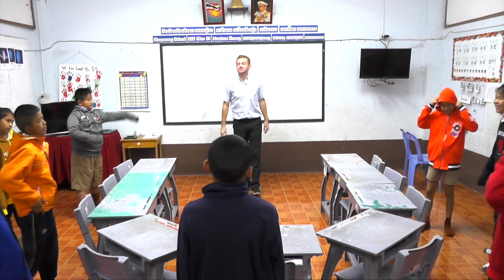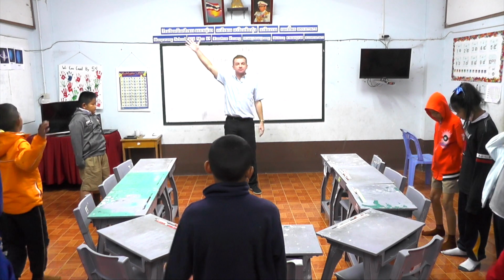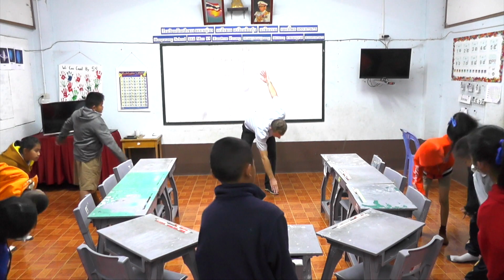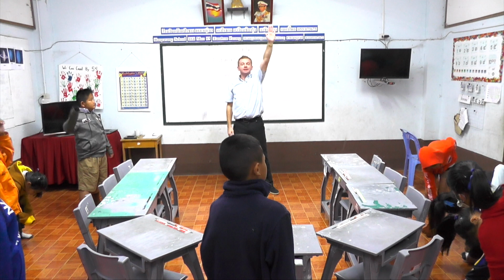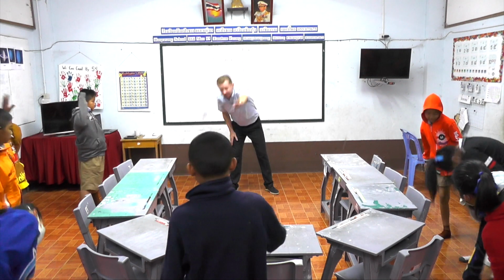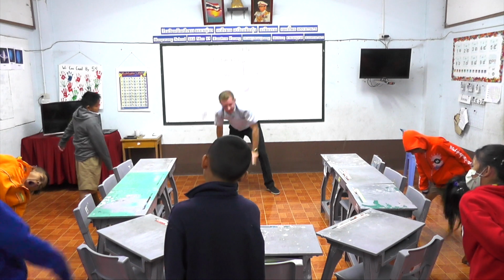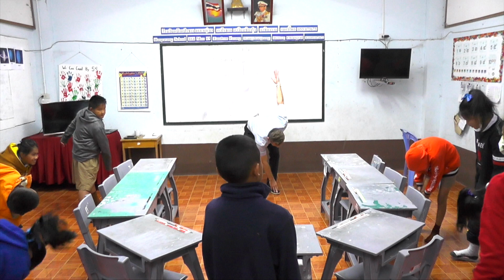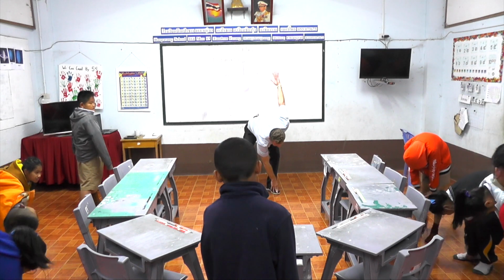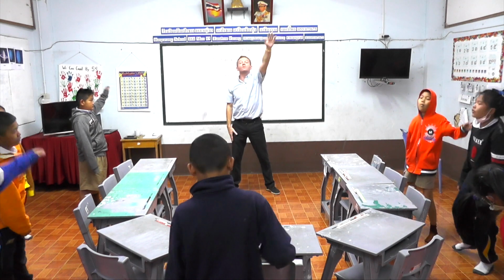Excellent, guys. And what we're going to do now, we'll take our right hands and find our left foot. Left hand, right foot. Right hand, left foot. Left hand, right foot.